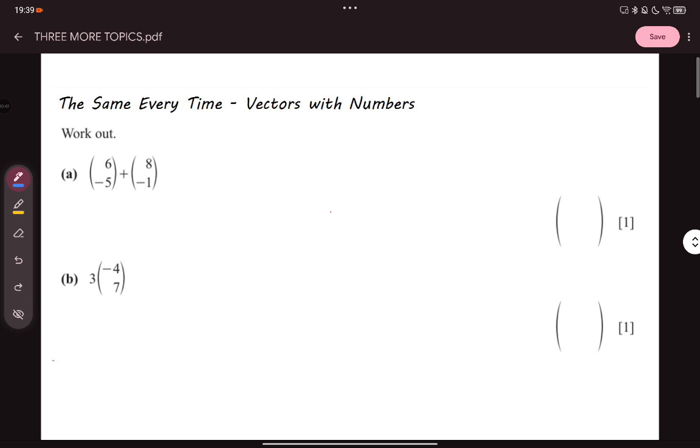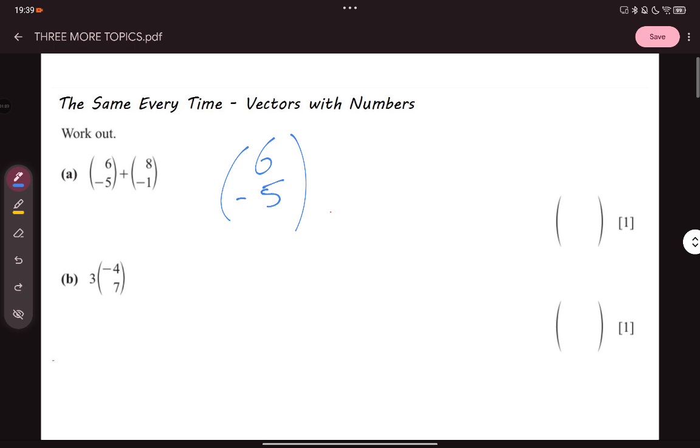Now, just a quick review of what a vector actually is. If I've got, for example, the vector (6, negative 5), written in brackets like that, 6 on the top, negative 5 at the bottom, then the vector describes a movement. The top number describes how far I'm moving to the left or right, and the bottom number describes how far I'm moving up or down.